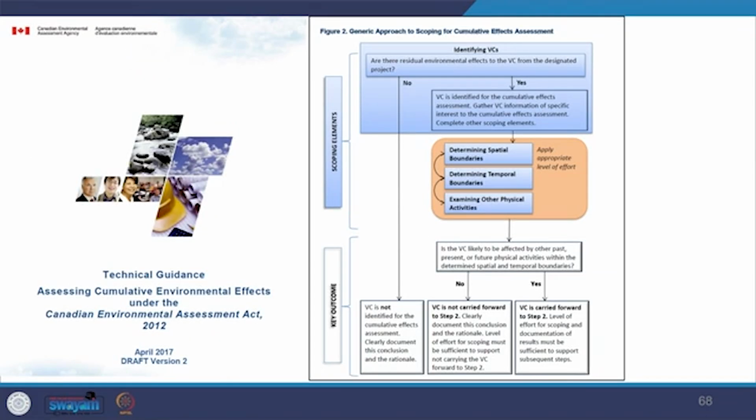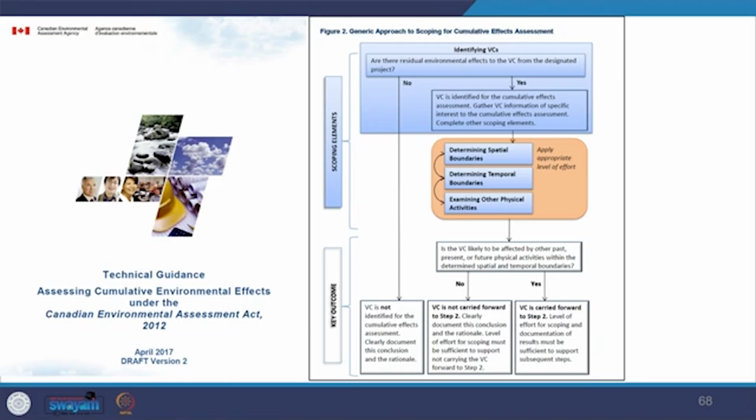Likewise, from the technical guidance, they give another layout framework for how you should approach cumulative effect assessment. You see that identifying VCs, valued components, is very important here, and then whether there are residual environmental effects to the VCs from the designated project. If the answer is no, then the VC is not identified for the cumulative effects.